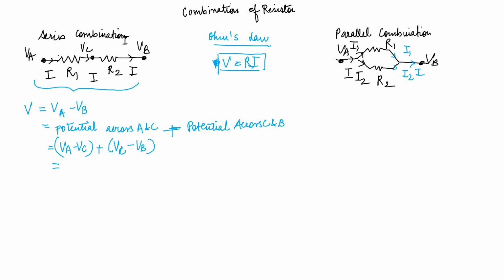So it gives VA minus VC plus VC minus VB, where VC and VC cancel out, giving us VA minus VB.